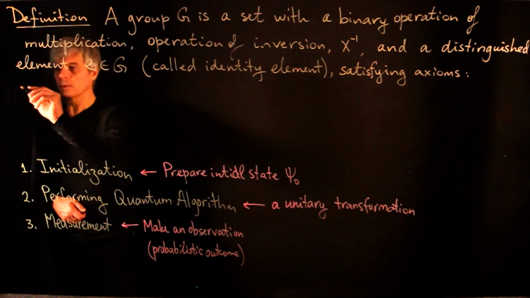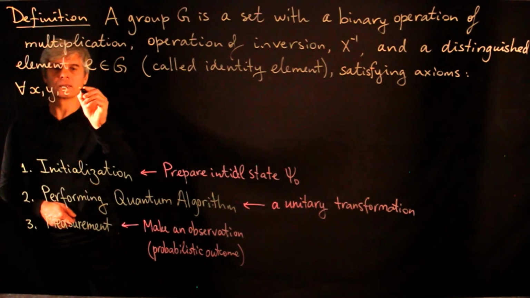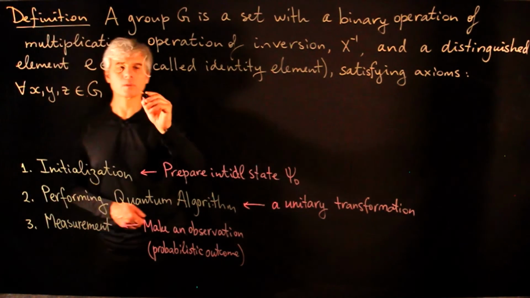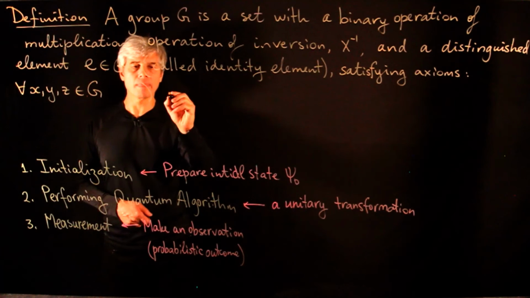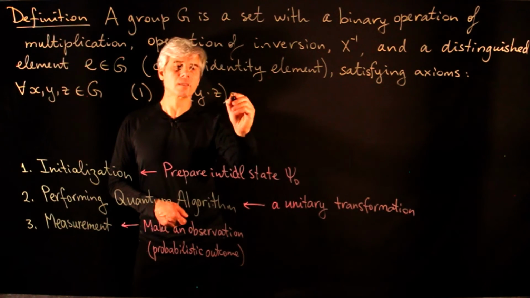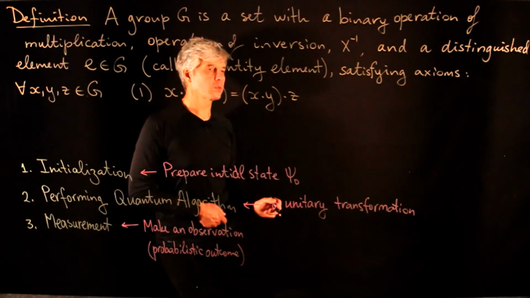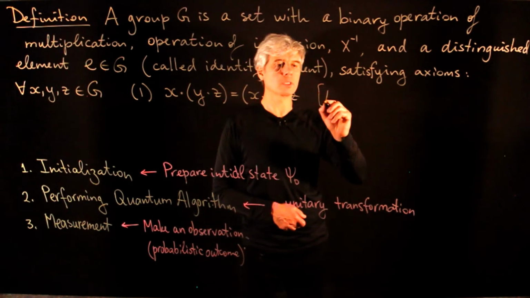So for all x, y, and z in the group, we have the following three axioms. 1, x times y times z is x times y times z, with either grouping. So this is called the associative law for multiplication.